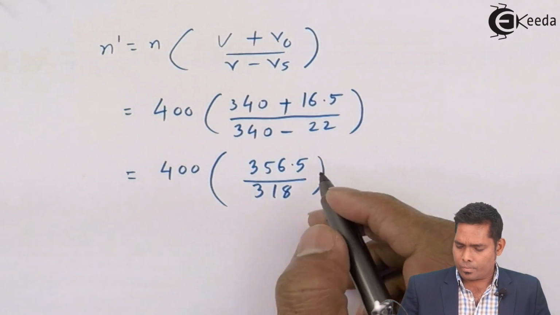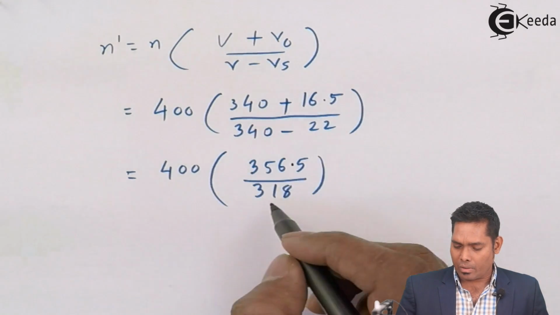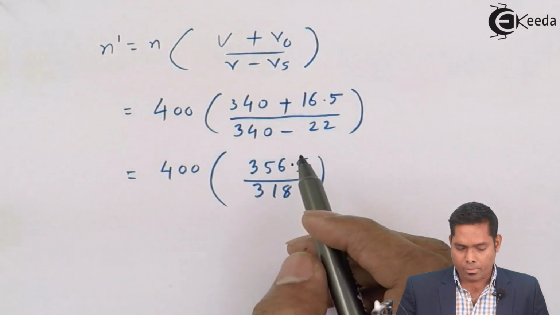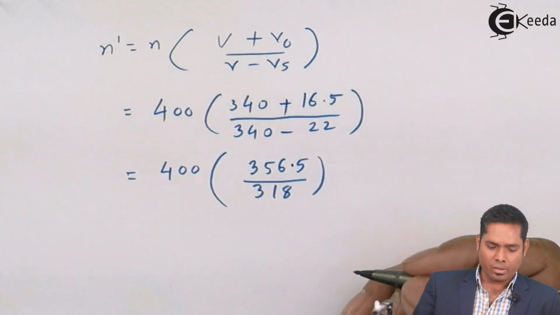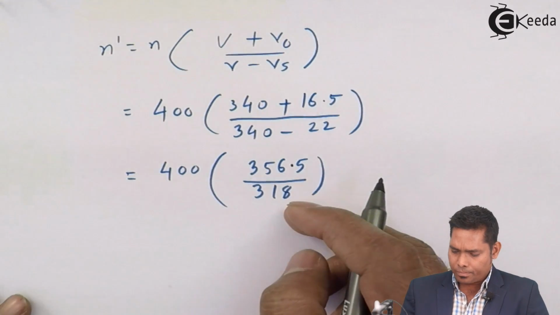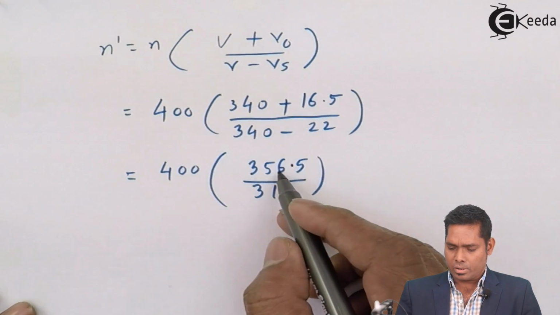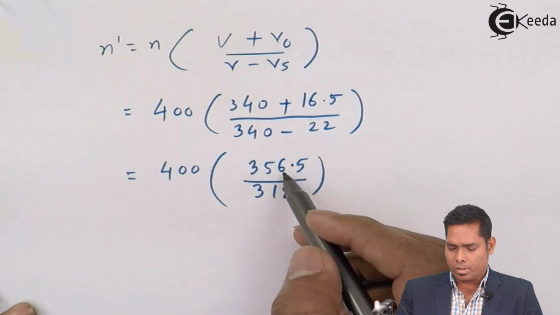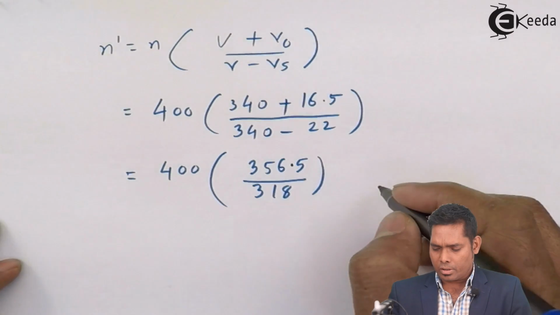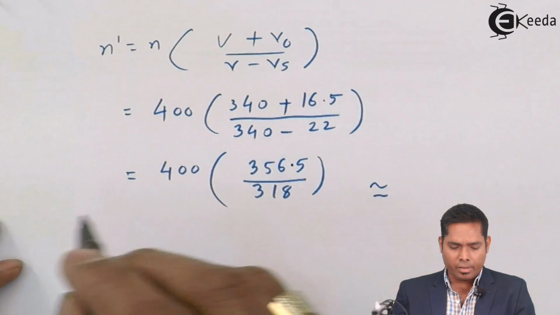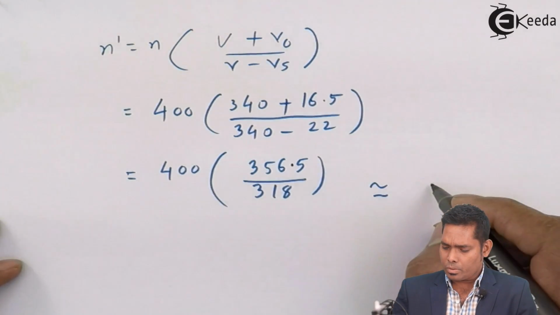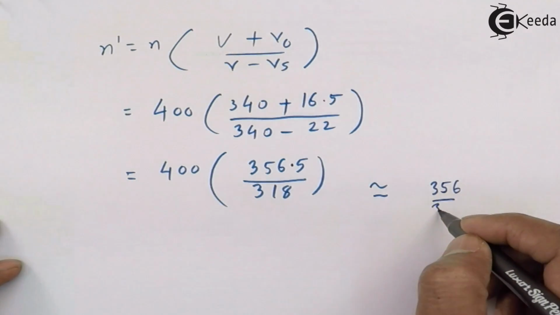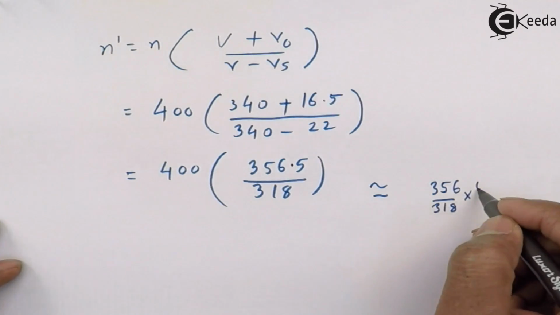Now this is a bit of calculation to do, so I can also calculate approximately. Let me first calculate approximately and get the answer. Suppose this is 356 and this is 318, multiplied by 400.